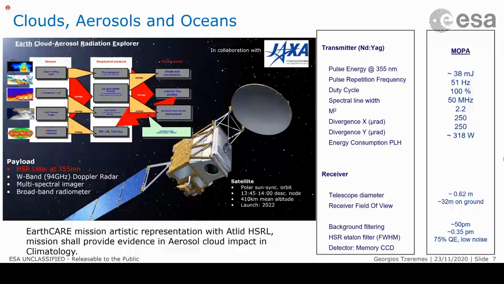We produce the first 1 micron, 1064 nanometers, from the neodymium YAG, and then we have second harmonic and third harmonic generation to convert it down to 355 nanometers. We have a pulse repetition of around 50 Hertz, full duty cycle, and very good M square. And you see the rest of the information on the right side.